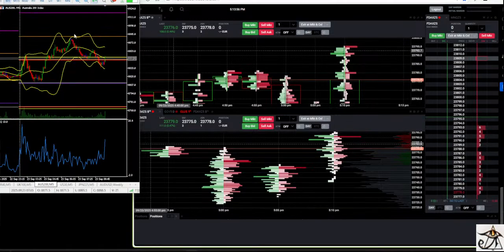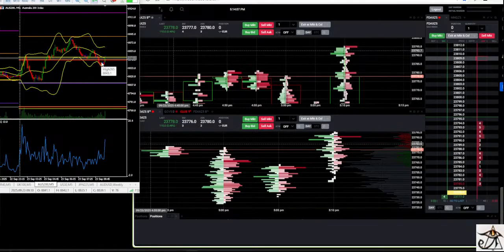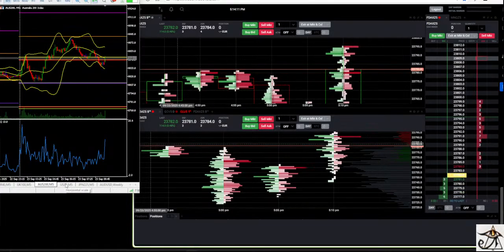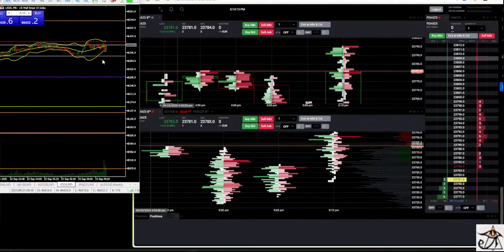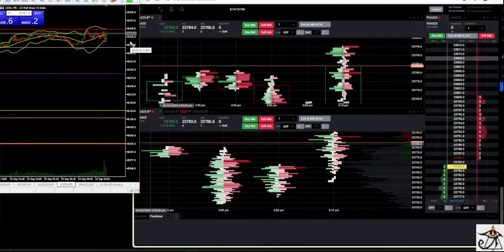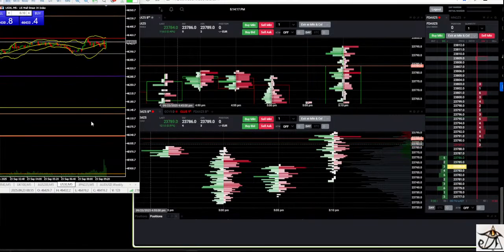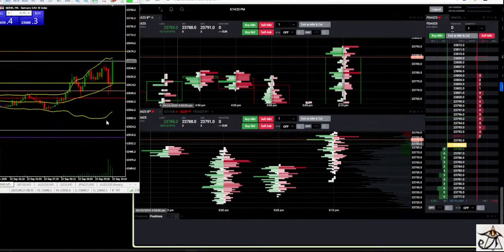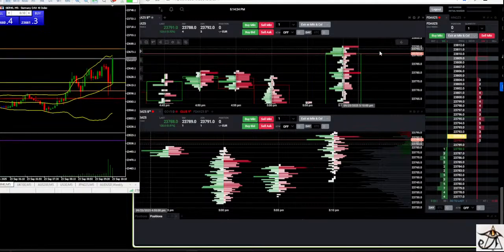We've got the ASX hovering on a triple band here. It looks like it filled the gap, came up, touched the R2, and now it's hovering around that upper level. What have we got on the US? Not much movement on the US at the moment, so very different to yesterday's activity. And the Nikkei, nothing much either. So very slow and steady activity here.